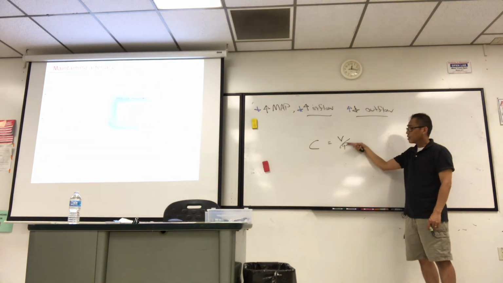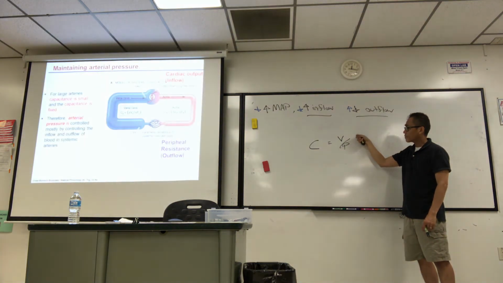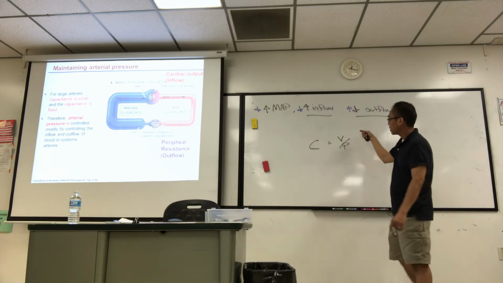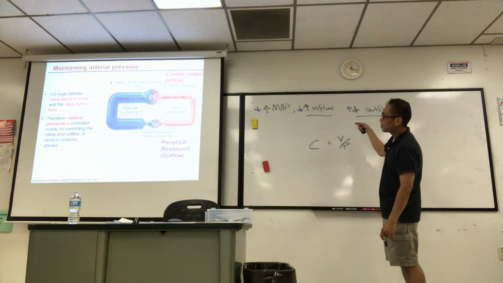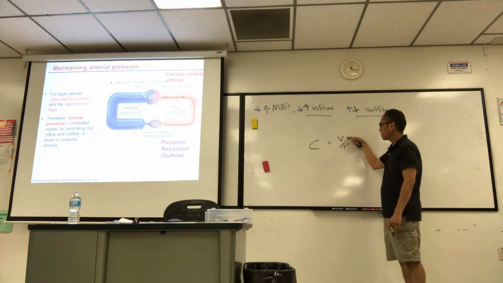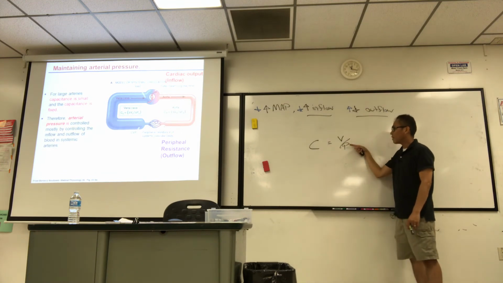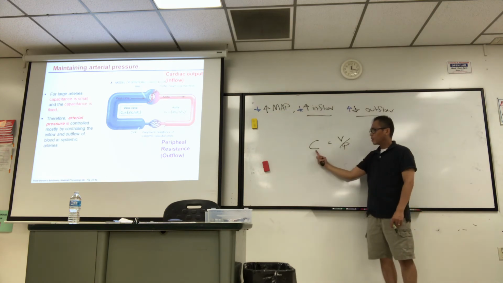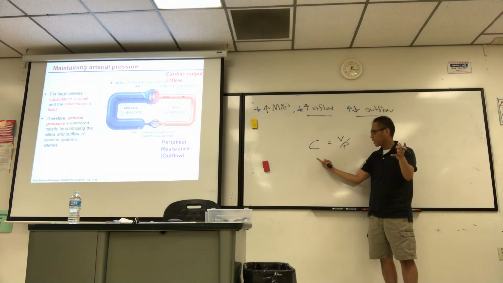High pressures. Yeah, this is right. So what happens when you divide a small number by a large number? You get a small number. That's why we say arteries are small capacitance. We said that already.